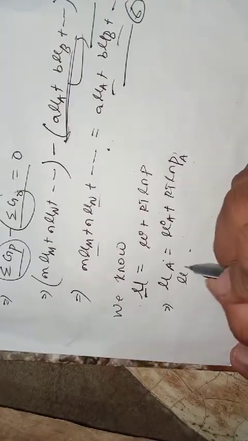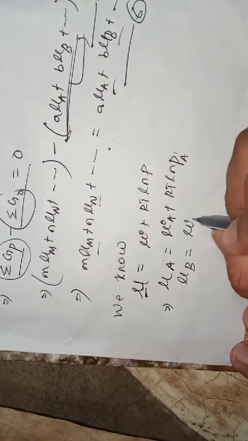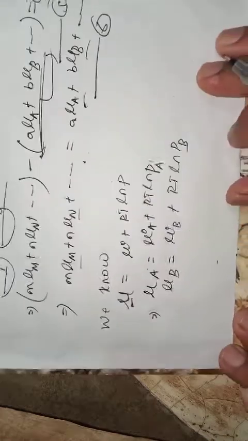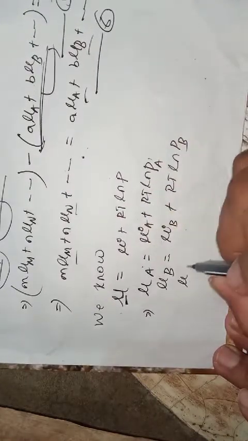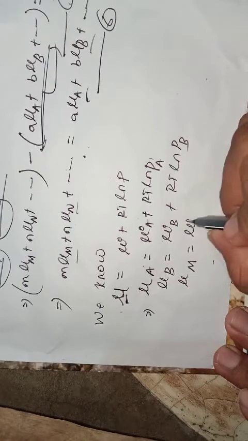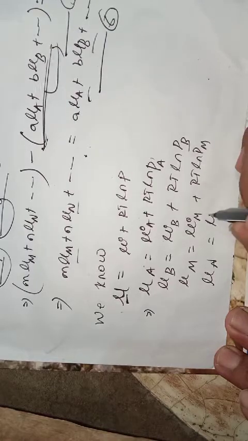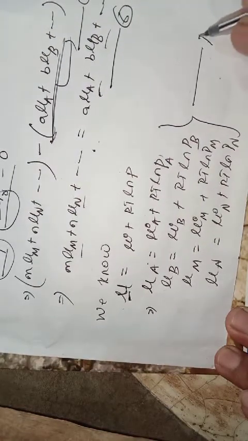Similarly mu B is equal to mu naught B plus RT log PB. This is a very important topic for a long question in BSc. And mu M is equal to mu naught M plus RT log PM, and mu N is equal to mu naught N plus RT log PN. We'll take this as equation 7 and equation 8.